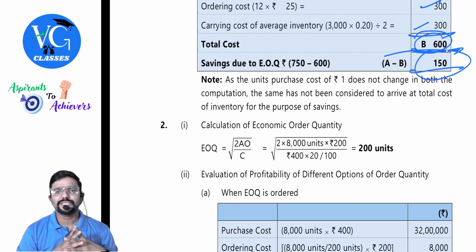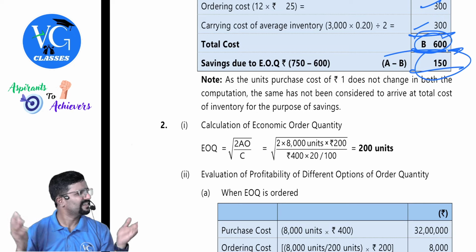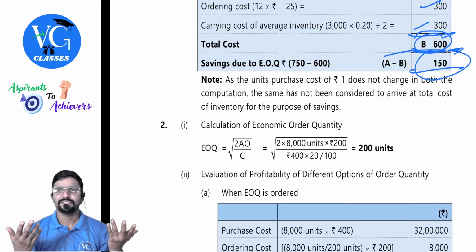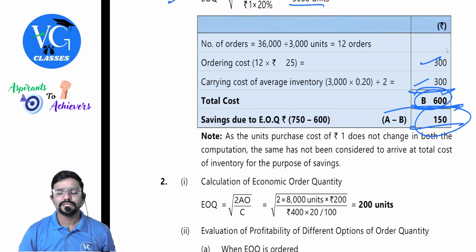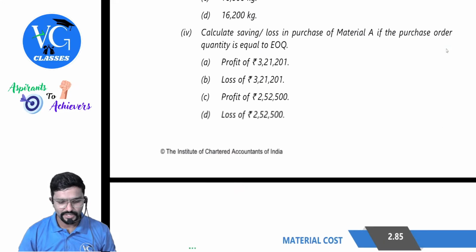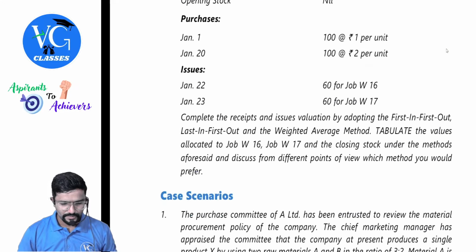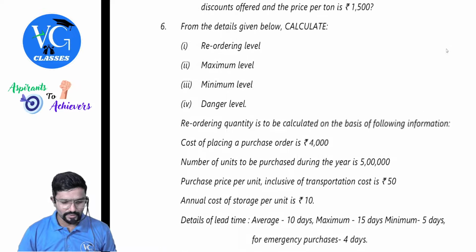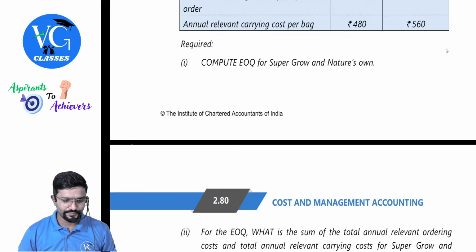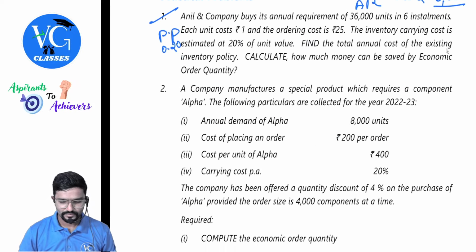Note: as the unit purchase cost of 1 does not change in both the computations, the same has not been considered to arrive at the total cost of inventory for the purpose of savings. So if you take it also, nothing wrong; you will do one extra step. Under both, purchase cost would be 36,000 each, guys. Okay, sir. Now come to question number 2.